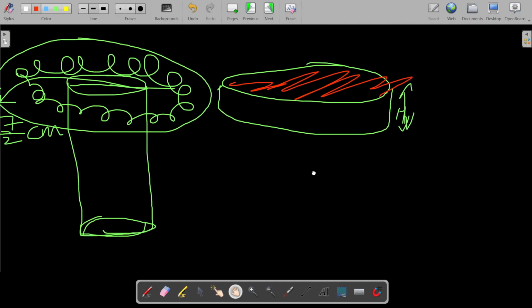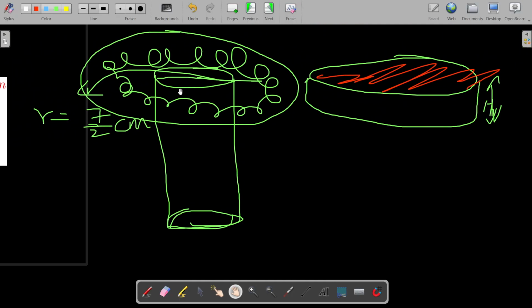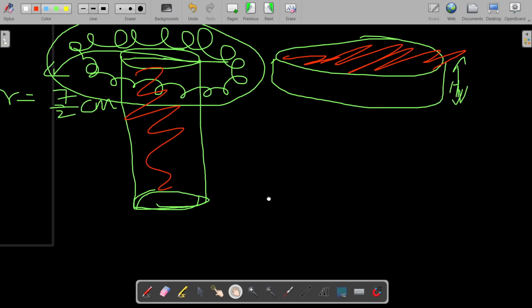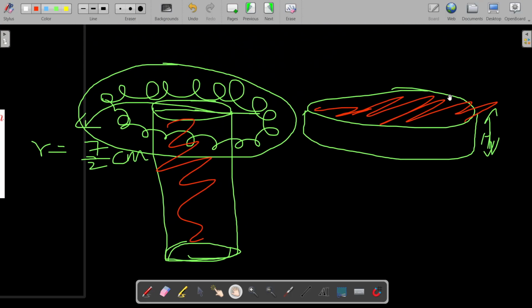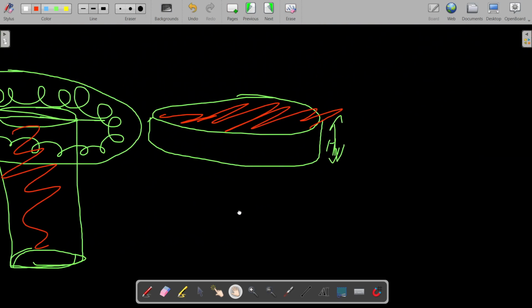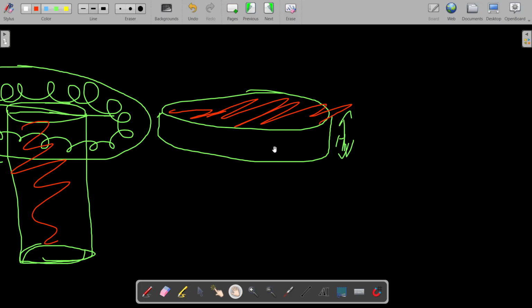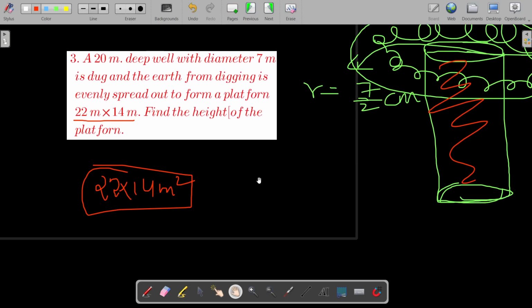We can see that we have dug the mud and spread it out evenly like this, and we have changed the shape. This is a cylinder, and we converted it into this. So the volume of the mud inside this is equal to the volume of this. So we can equate the volumes of both. For this one, we do not need to worry about a formula.